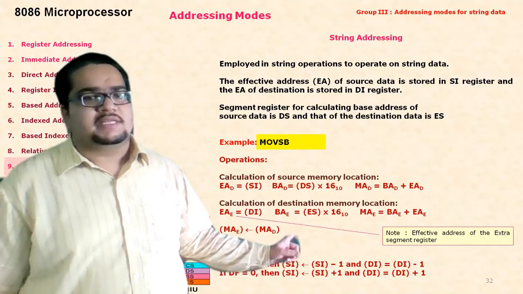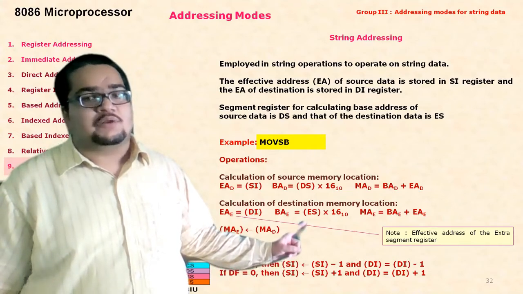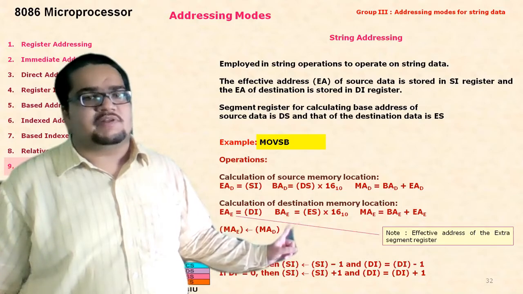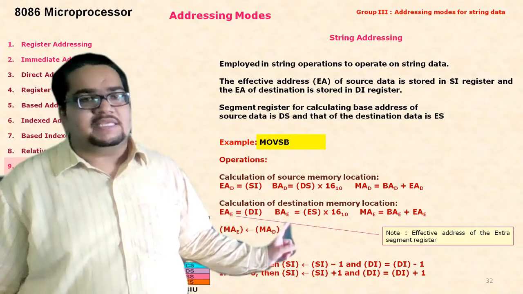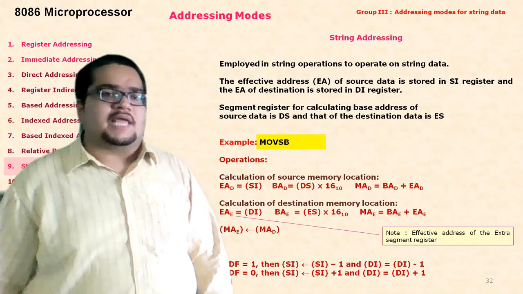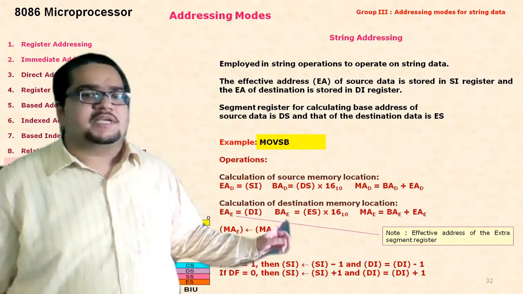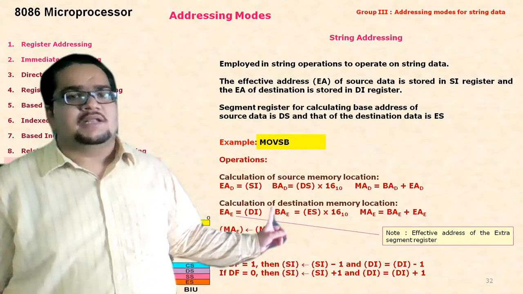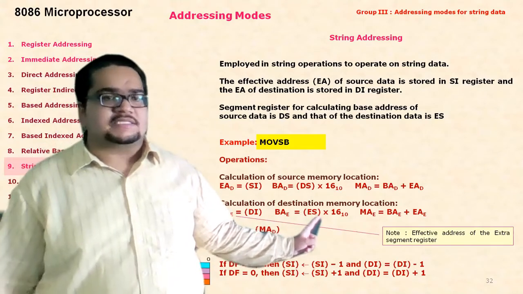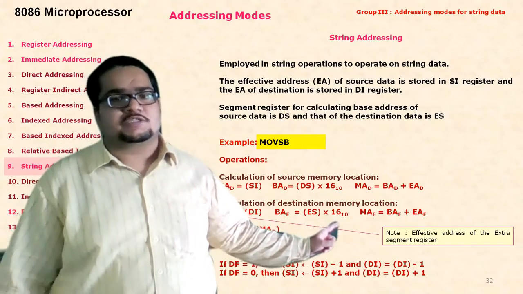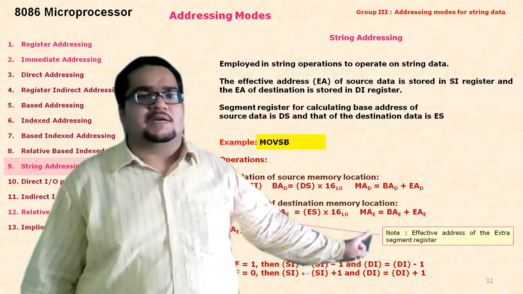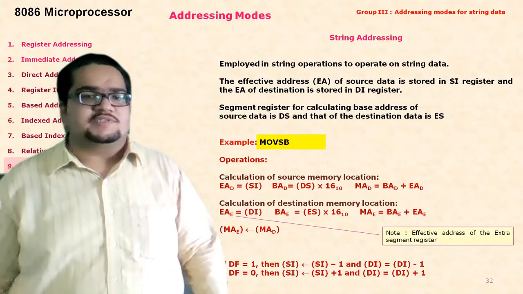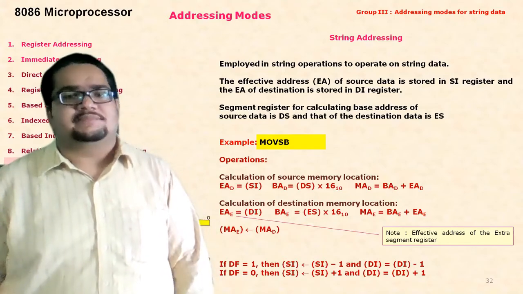So the destination memory location is given by EA suffix E, where E means the extra segment of memory. The effective address from the extra segment is there in the DI register. The base address is obviously ES multiplied by 10 hexadecimal, and the memory address is calculated by adding these two quantities, a 20-bit memory address or physical address, we call that one.